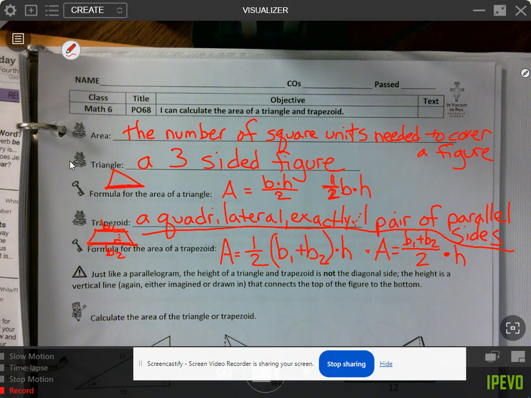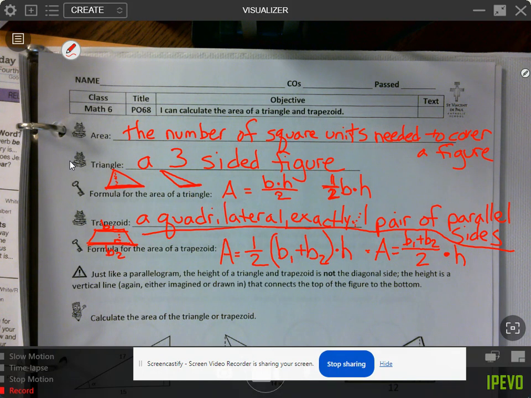When we are looking at our triangle, to find our height, we have to go from our base to that top point of our triangle. Watch this. Sometimes we have a triangle that looks like that. How can I know this is my base? How can I find my height? Does anybody know?